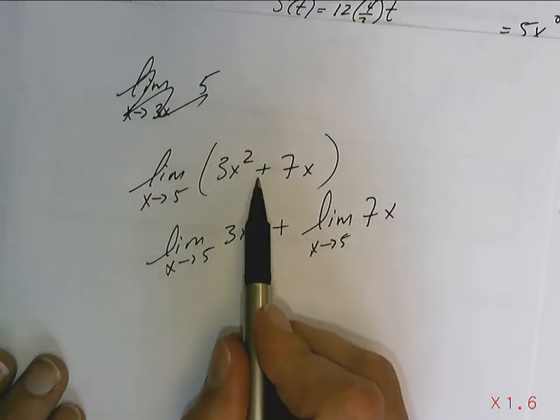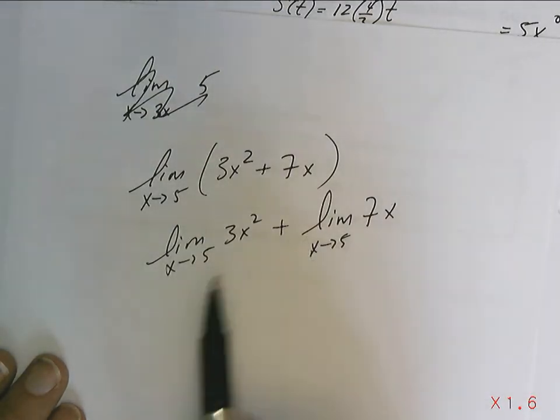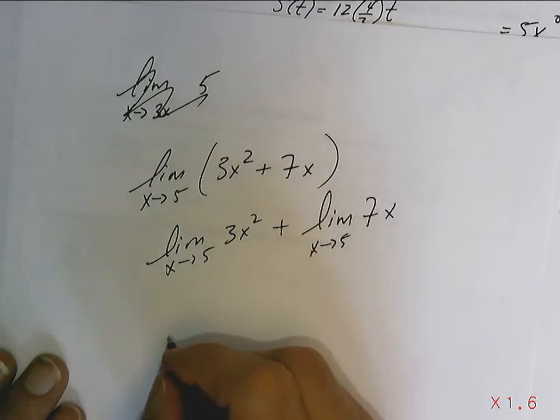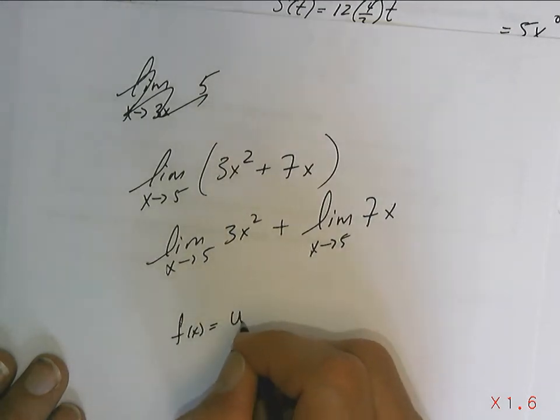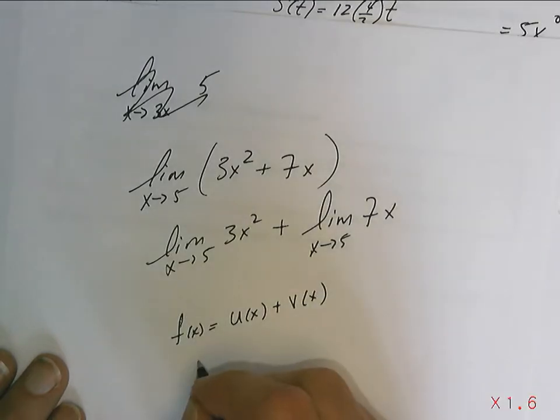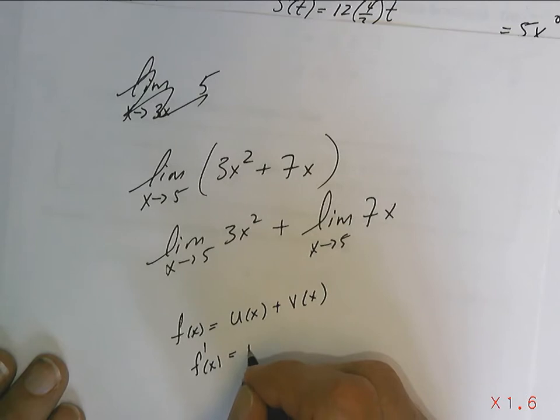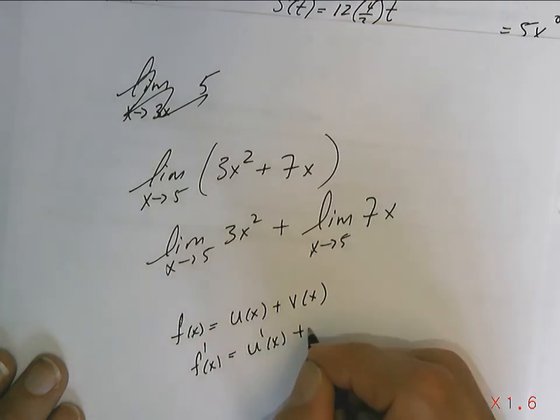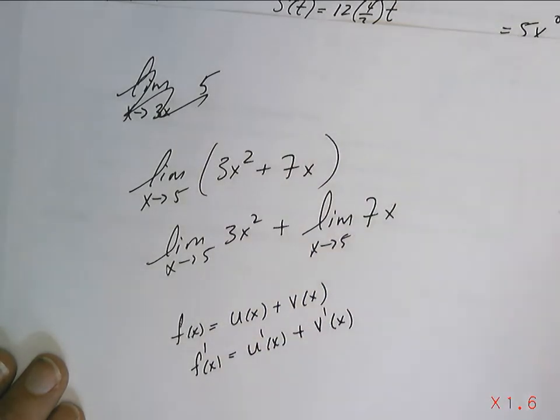So the limit of a sum is equal to the sum of the two limits. What that means is that if I have f of x that is made up of two functions, let's say u of x plus v of x, then the derivative of f of x will be the derivative of the first one plus the derivative of the second one.